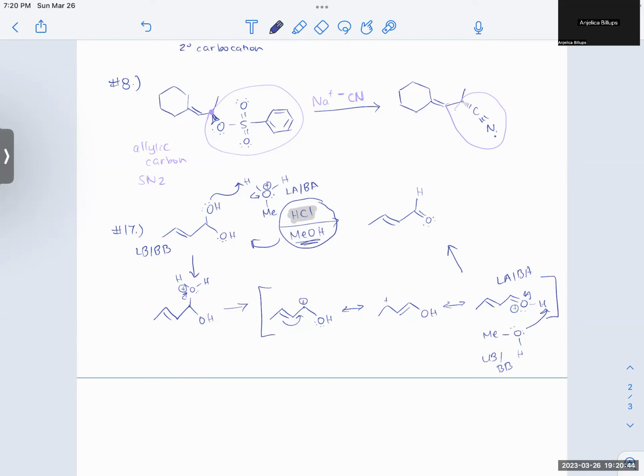And the reason we want to do that is because if we were to just put HCl in instead of the methanol, nothing would happen. The chlorine is not going to come and deprotonate again. It's a very strong acid, so it's just going to dissociate and protonate, but then you're not going to get the next steps over here. That makes sense. Thank you so much. Yeah, you're welcome.